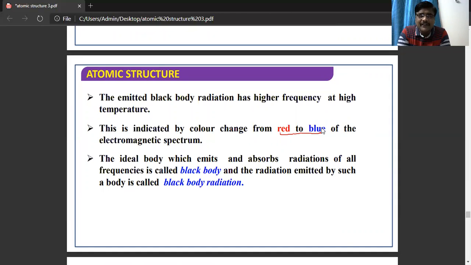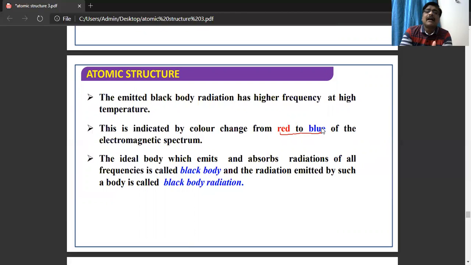The body which can emit as well as absorb the radiations of all frequencies is known as a black body, and the radiation emitted by it is known as black body radiation. So that means it can emit as well as absorb radiations of all frequencies.